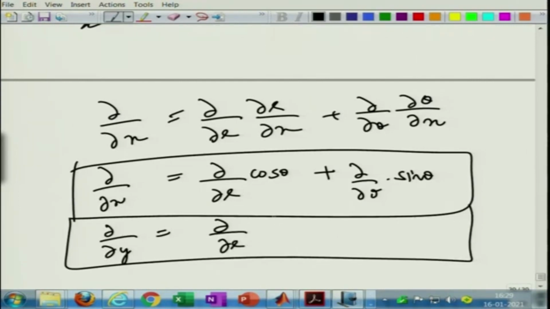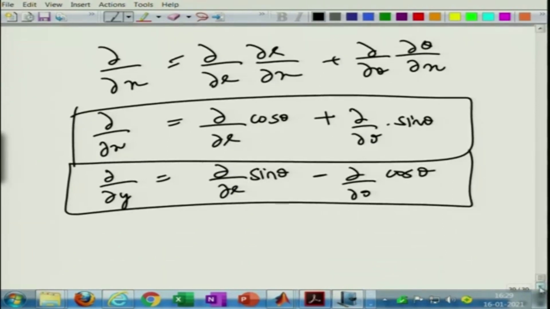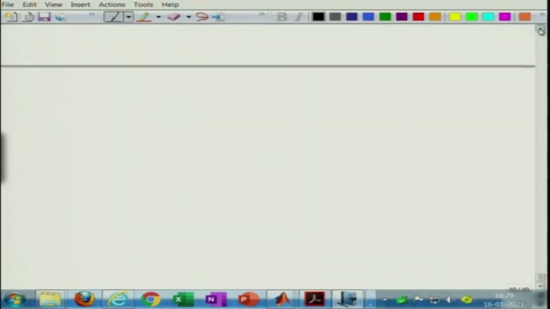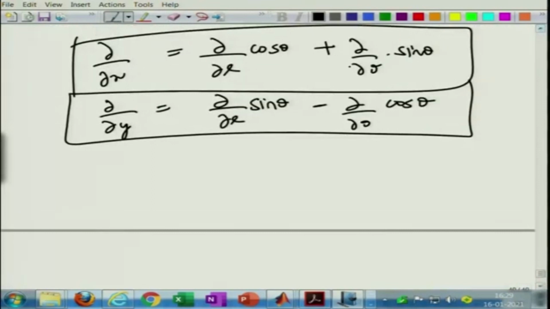And if we do the same thing for the y variable, we are probably going to get a minus sign here, and here we will probably have your sin theta. This will probably be your cos theta, something like that. Not very sure of the symbols here regarding the signs, but you can verify.